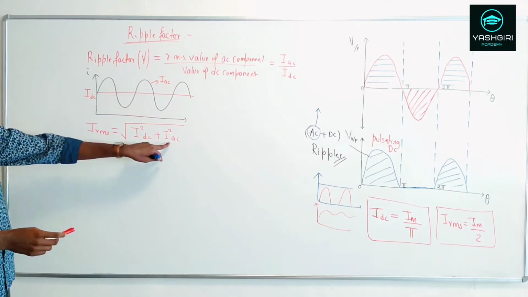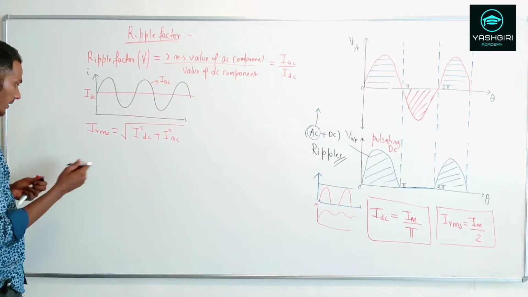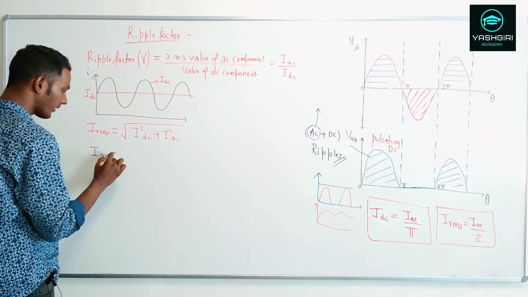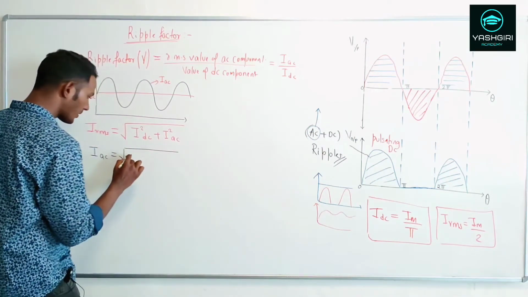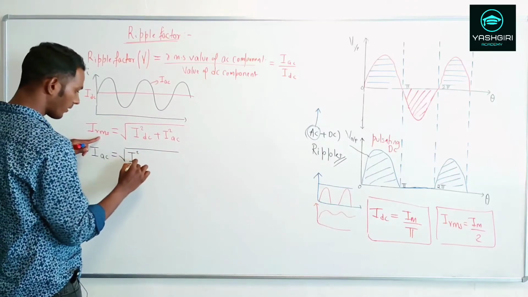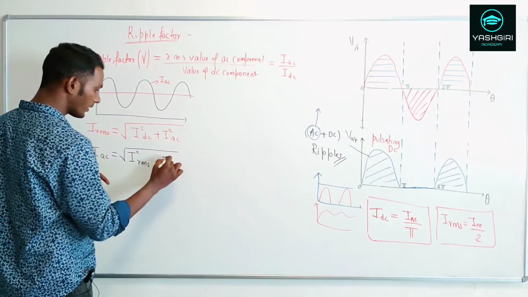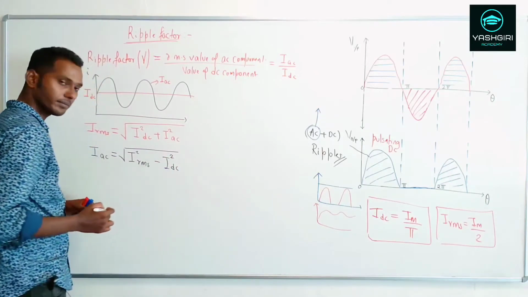Now I'm interested in the IAC, so I take I square DC to the left hand side and write I square AC as I square RMS minus I square DC.